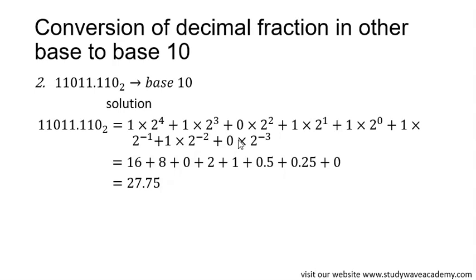So 1 times 2 raised to power 4 is what? 16, right? 2 raised to power 4 is 16, so 16 times 1 is 16. Plus 1 times 2 raised to power 3, which is 8, so 1 times 8 is 8, plus 0 times 2 raised to power 2. Anything times 0 is 0, so even though 2 squared is 4, 0 times 4 is still 0.